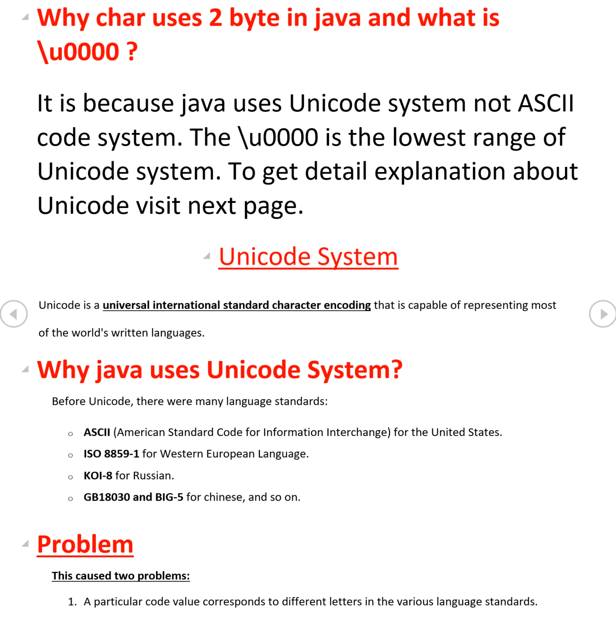Let's understand. The Unicode system is a universal international standard character encoding that is capable of representing most of the world's written languages. Java uses the Unicode system because before Unicode we had other standards like ASCII, ISO, KOI8 and GB something, right? Like Big5, that is a Chinese one.